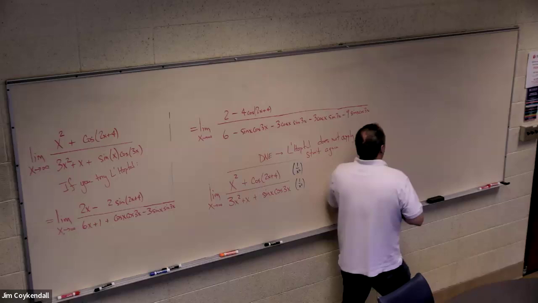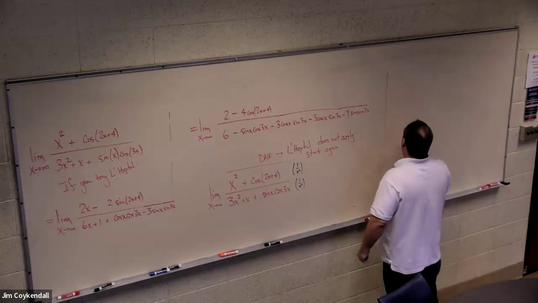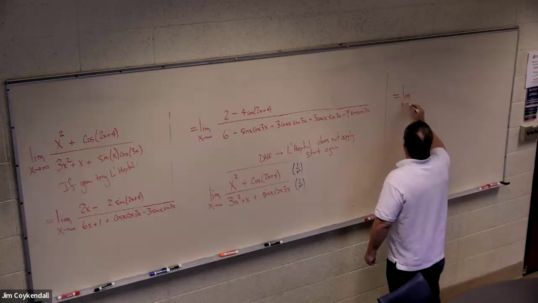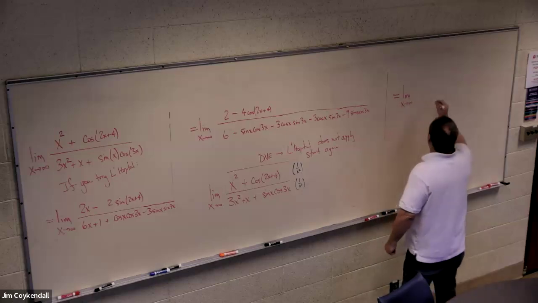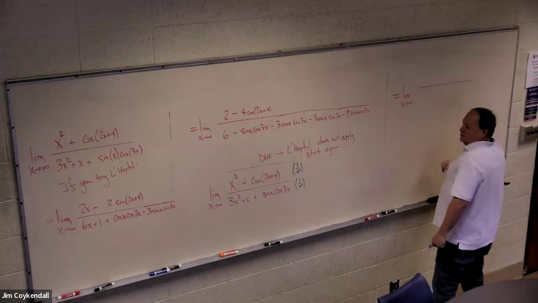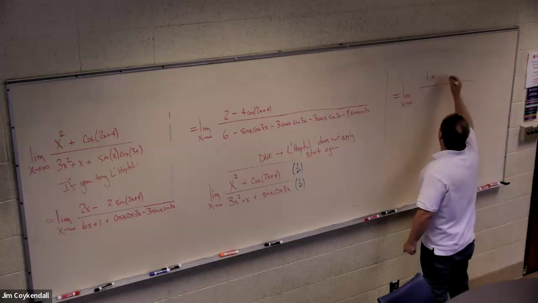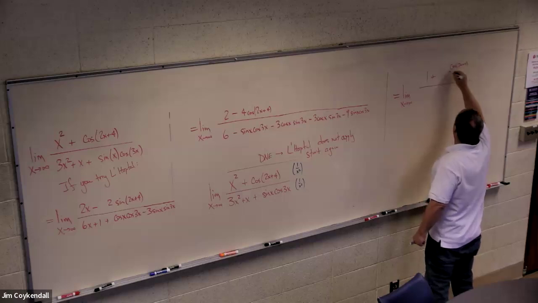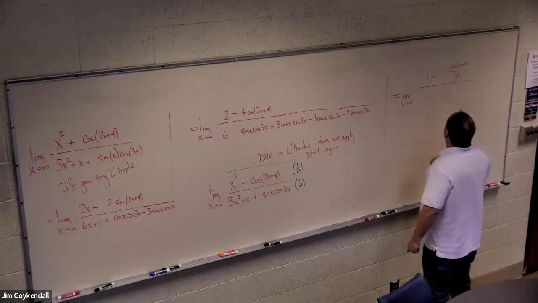So this is the limit as x goes to infinity. On top I get 1 plus cosine of 2x plus 4, squared.